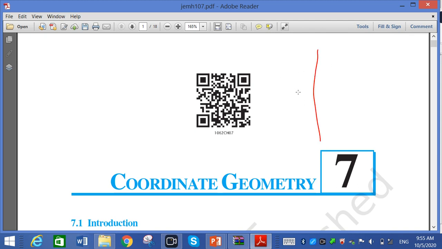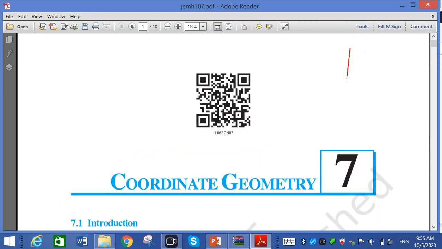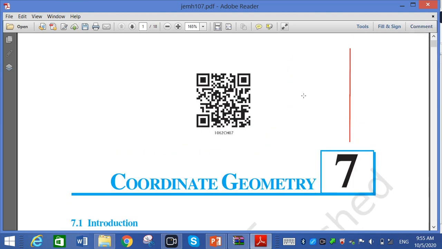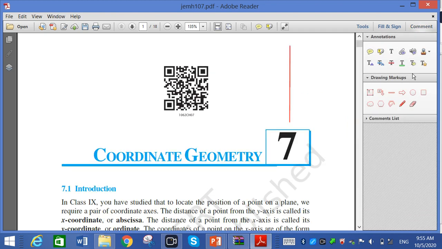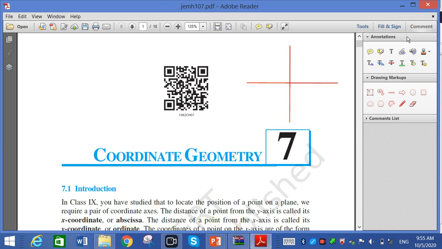In 9th standard, we are using the graph. In the graph, these are all positive that we know, and here it is negative.